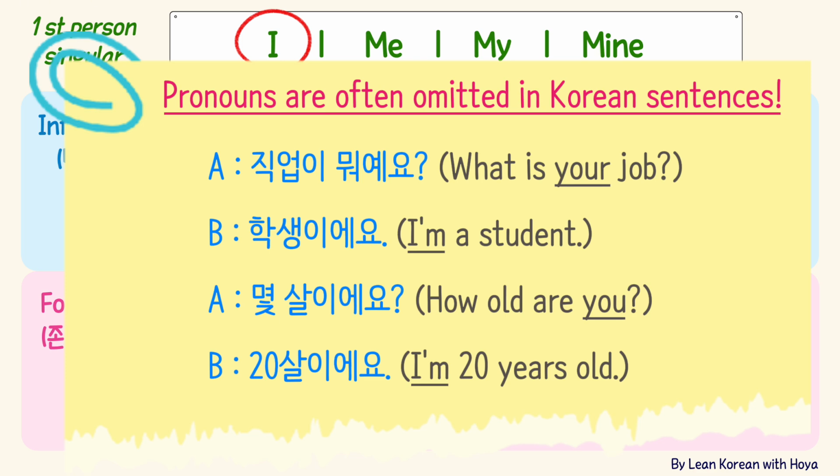I'm 20. Here you can see that the underlined pronouns in English sentences are omitted in Korean sentences. So as we go through the rest of the pronouns in this video, I want you to keep in mind that they can be omitted from time to time when you're having an actual conversation in Korean.